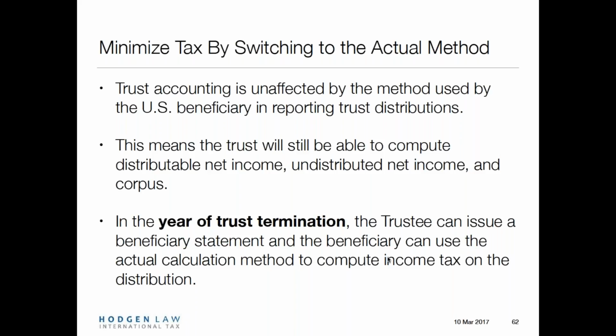In addition, although it's not on the slide, remember that how the U.S. beneficiary is reporting the trust distribution and paying tax on it has no relevance to the trust accounting at the foreign trust level. What if there is a foreign beneficiary as well as the U.S. beneficiary, and the trust level accounting can show that all of the taxable portion of the trust was carefully decanted out to a foreign beneficiary in year one, and in year two, a distribution was made to the U.S. beneficiary, and we can adequately account for the fact that this is all either current income or corpus.